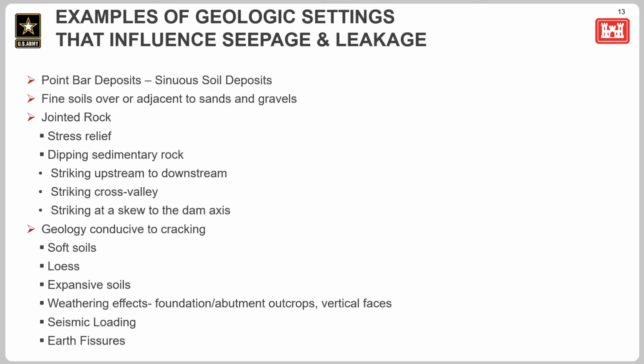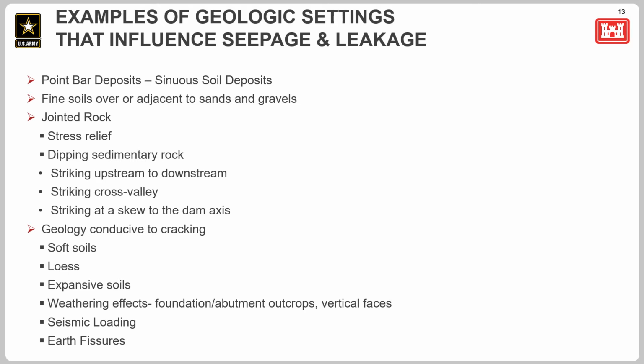In our site characterization, we're also looking for geologic settings that might influence seepage and leakage, alluvial environments that might deposit point bars or sinuous soil, as well as places where fine soils may be deposited adjacent to or over sands and gravels.